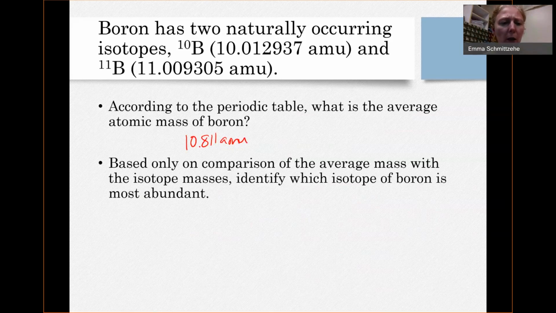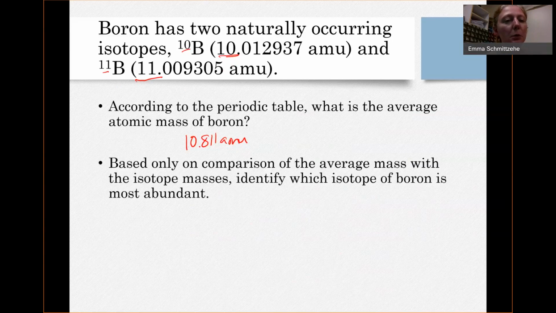Now, the next question, I say based only on comparison of the average mass with the isotope masses, identify which isotope of boron is most abundant. So this is more of a conceptual question. You look at these masses, the average is about 10.8. And if you look at the mass of boron 10, it's about 10, just like the mass number. It's not exactly 10, but it's about 10. And then boron 11 is about 11, just like the mass number shows you.